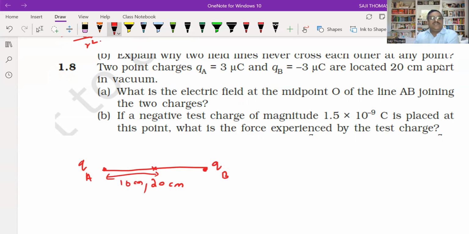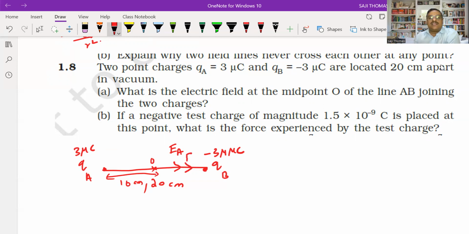So at the midpoint O, the electric field due to the positive charge is away from the point charge. So due to the charge QA, the electric field is in this way. So I am writing EA. And QB is negative, right? QA was 3 microcoulomb, QB is -3 microcoulomb. For a negative charge, the field is towards it, from O towards the negative charge.